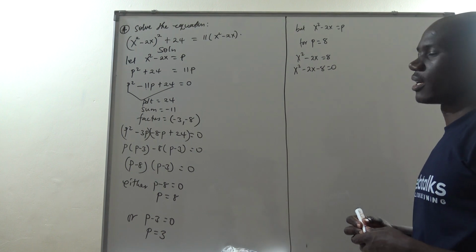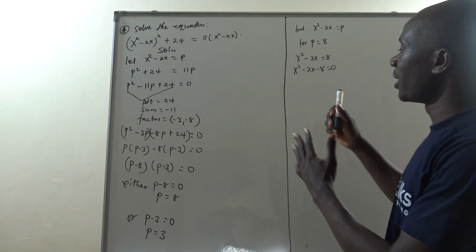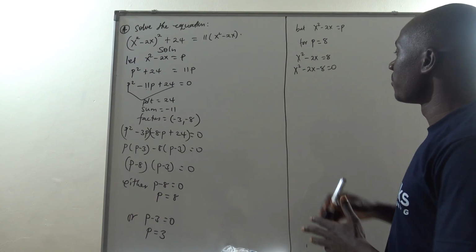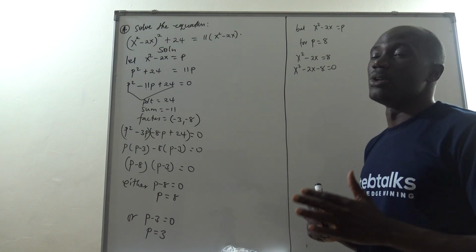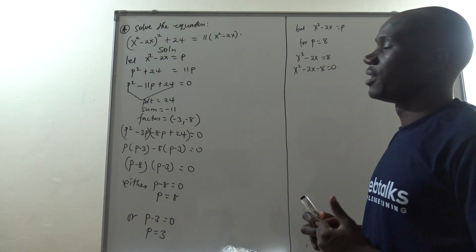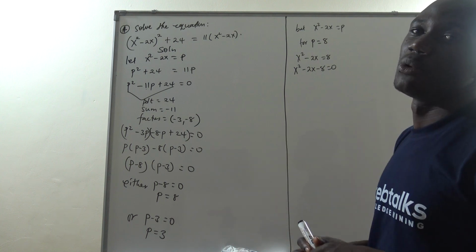Still, what is the product? Our product is negative 8 and our sum is negative 2. Think of two numbers. When you multiply them, you get negative 8, and when you add, you get a negative 2. So according to me, the factors are negative 4 and a positive 2.